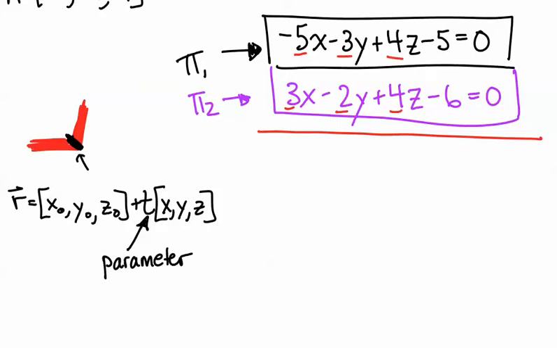Cool, so let's try to get rid of the z's by subtracting these equations from each other. So 5 minus 3 would be 2x, -3 minus -2 is -3 plus 2, so that would be -y. 4 minus 4 would be 0. -5 minus -6 would be 1, because -5 plus 6 equals 1. So we just eliminated z.